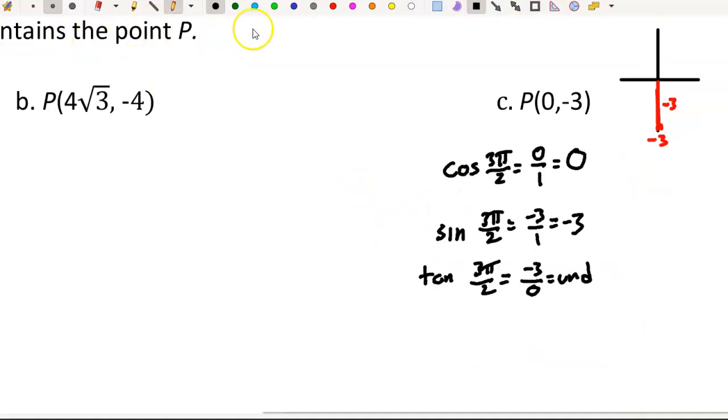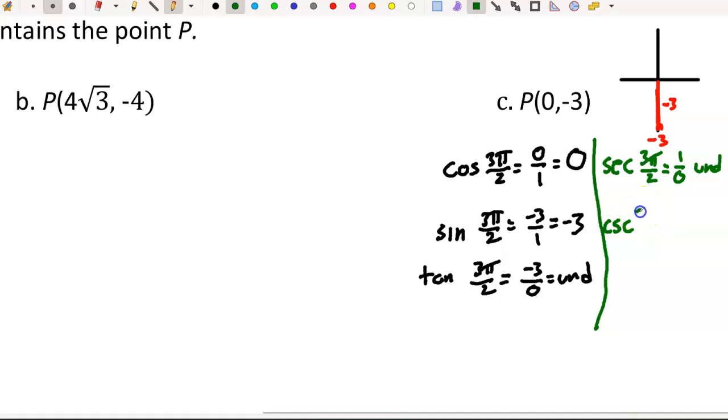So let's look at the counterparts for this. We have secant of 3 pi over 2, and we're just going to reciprocate this, right? So we get 1 over 0, so we get undefined for the secant. And for the cosecant of 3 pi over 2, we're just going to reciprocate this and get 1 over negative 3.